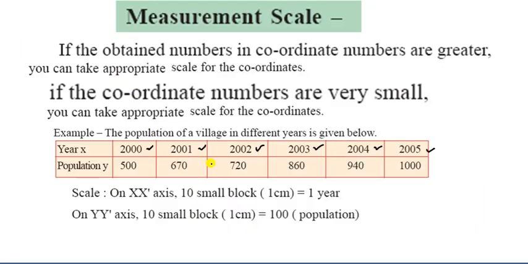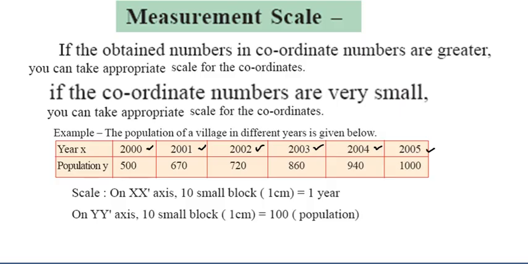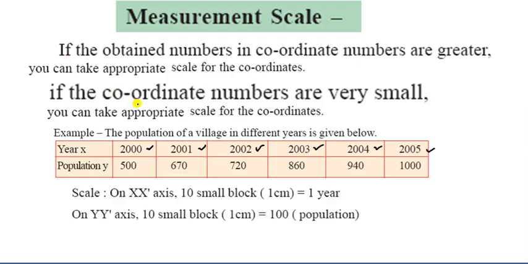Let us see point C. What will happen in C? That is 2002, and in 2002 you can see here it is 720. So you have to write 2002 here, and the number is 720.